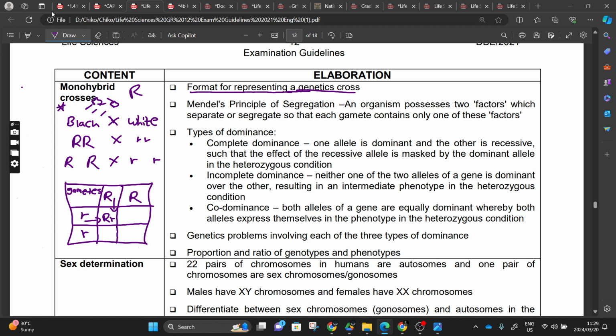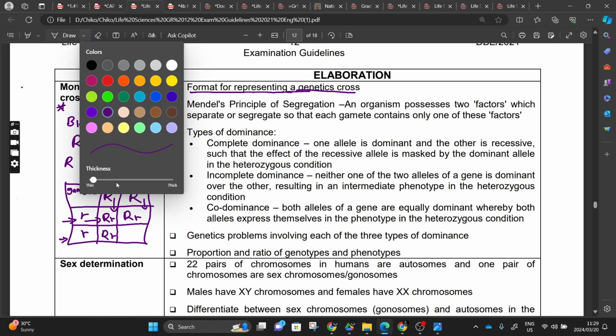In the following square, we join this capital letter R and this small letter r. So we are going to have capital letter R and small letter r. And then the bottom one, we join this small letter r with the capital letter R. And then here we'll have capital letter R, small letter r.